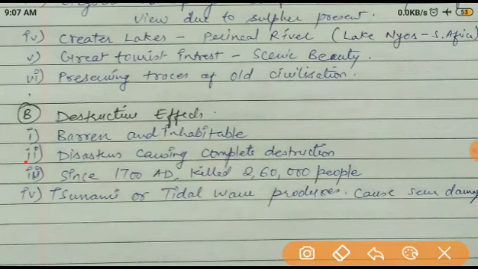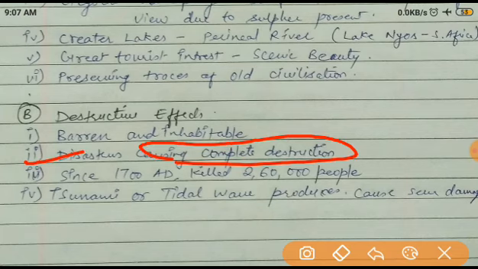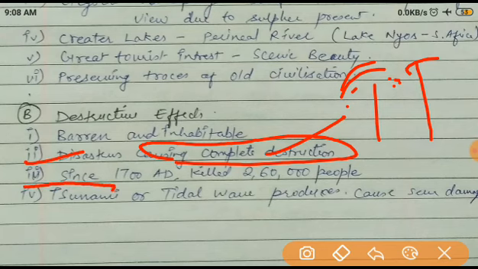Next one is disaster causing complete destruction. Complete destruction means the area near the volcano. If the volcano erupts, what will happen? The complete area is destroyed, meaning no habitat can live. The complete habitat collapses. There are also examples: since 1700 AD it has killed 260,000 people.